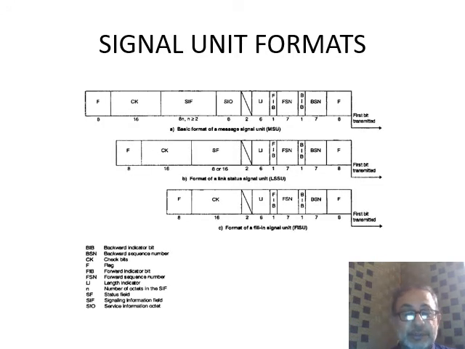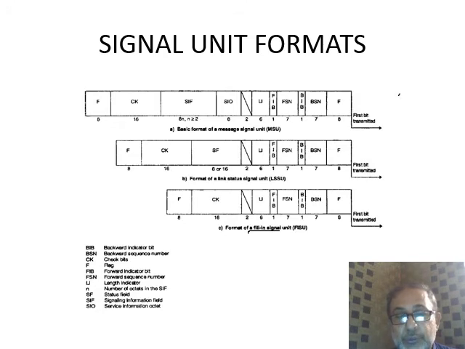This is an important slide in which we have three different types of signaling units in SS7. The basic unit is the fill-in signal unit, or FISU. What it does not have is the actual information that is provided in an MSU. The LSSU only gives you the link status between two signaling points.